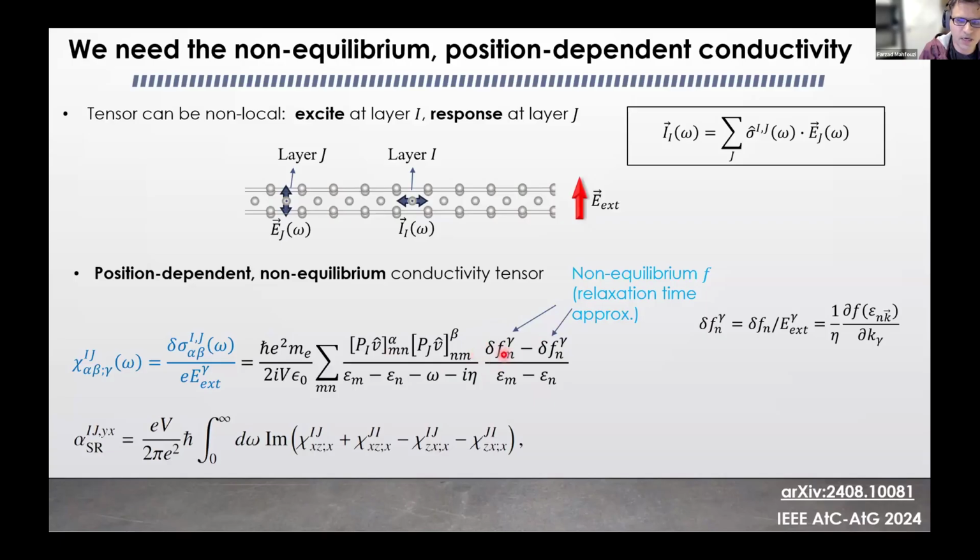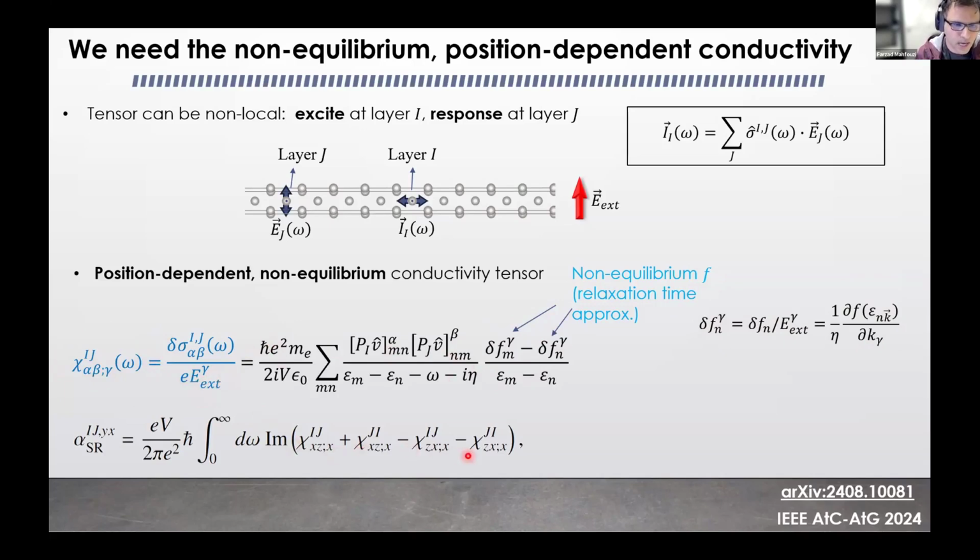It turns out that in order to calculate that, all you need to do is replace your Fermi distribution function with this non-equilibrium Fermi occupation, and then from that you just replace the Fermi distribution in your optical conductivity with this delta F, and that would give you the change of the dielectric constant or optical conductivity in response to this external bias current, and that's what we need.